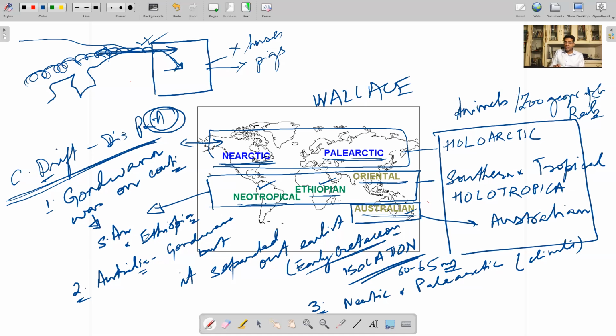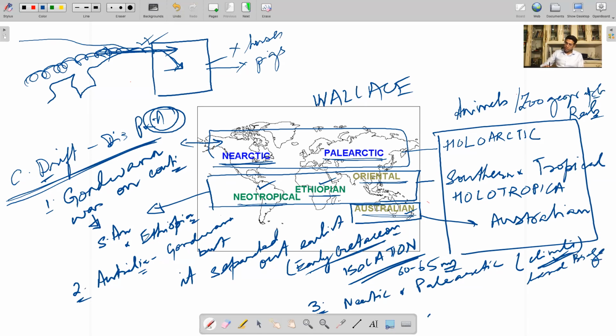So Nearctic and Palearctic have a lot of similarities. And climate is one, but more important is the land bridge which existed.